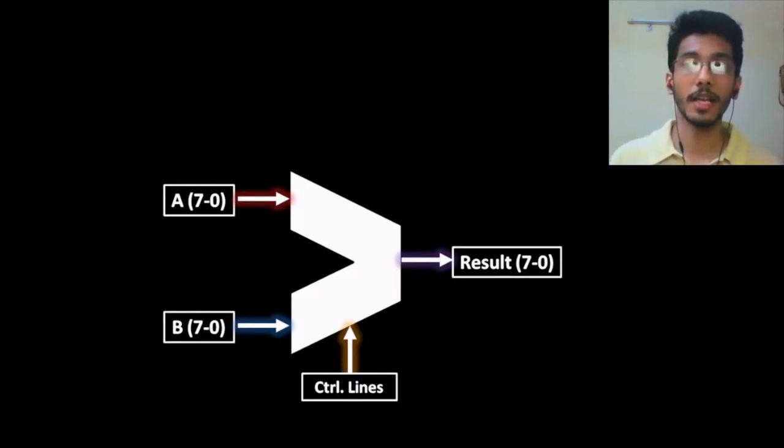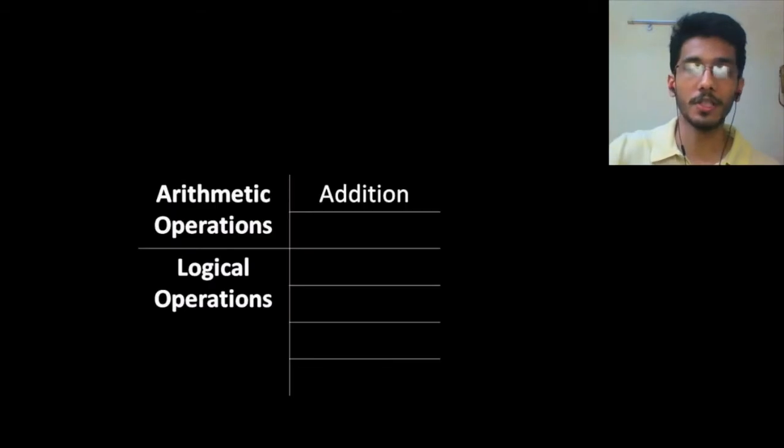The first question that came to my mind was, what all operations does an ALU perform? And a straightforward answer to that is, it performs the operations it has been designed to perform. So in short, I have to choose what all operations I want my ALU to perform, and I went with 6 operations. 2 of them were arithmetic operations, one of which was addition. So I wanted the ALU to add A and B and generate a result. A second was increment.